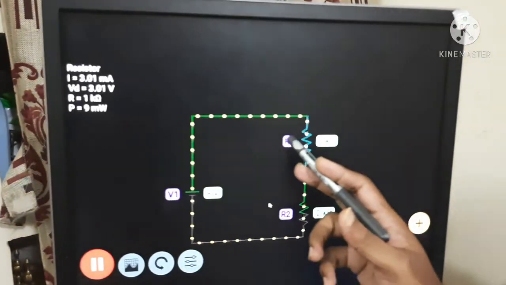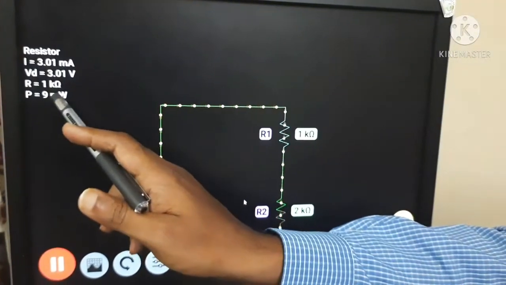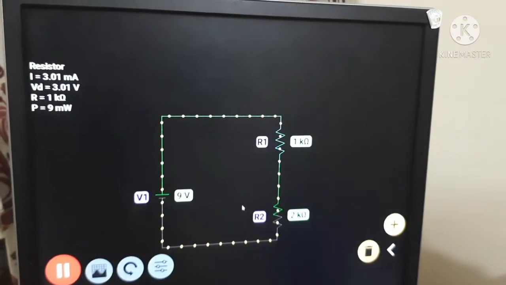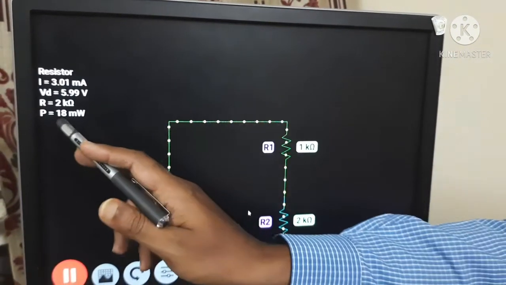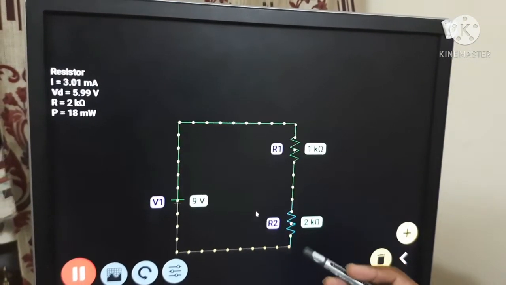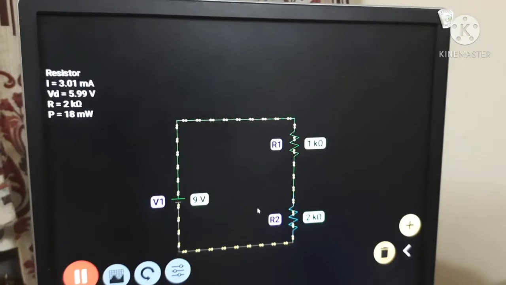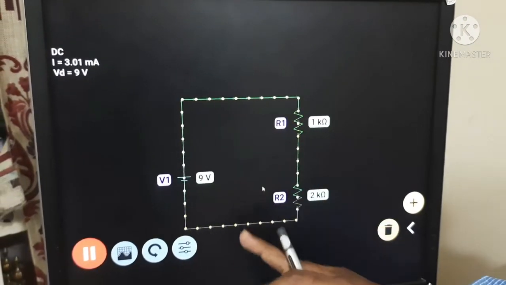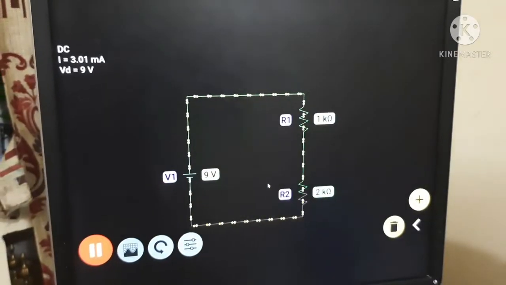So it is I square R. With that you can calculate 9 milliwatt. Now the power dissipation through this R2 is 18 milliwatt. This is having 18 milliwatts power dissipation. But you can notice that the total current of this circuit is always 3 milliamperes only.